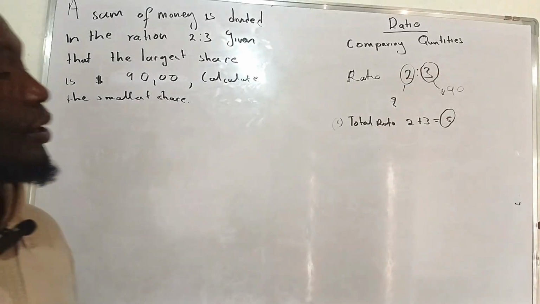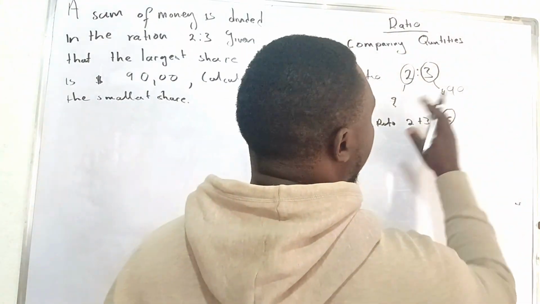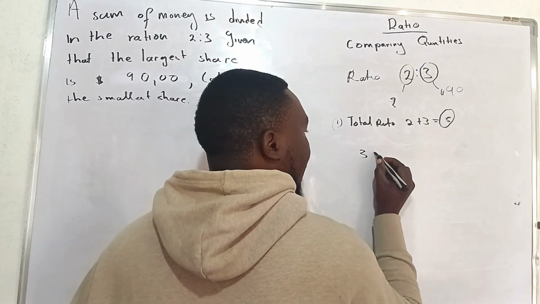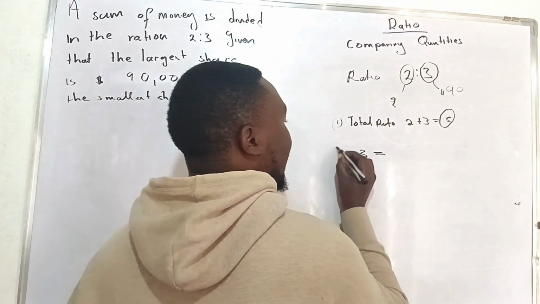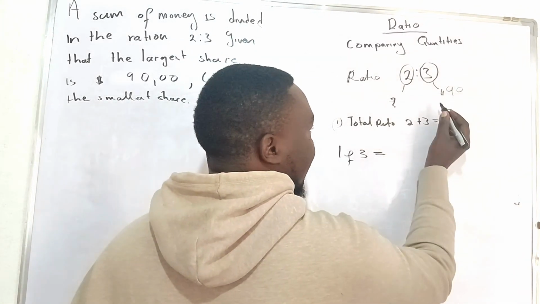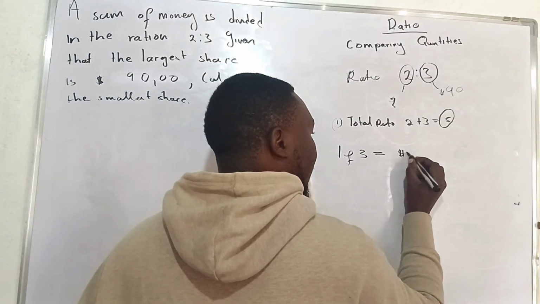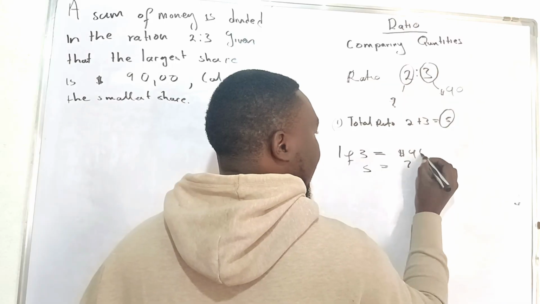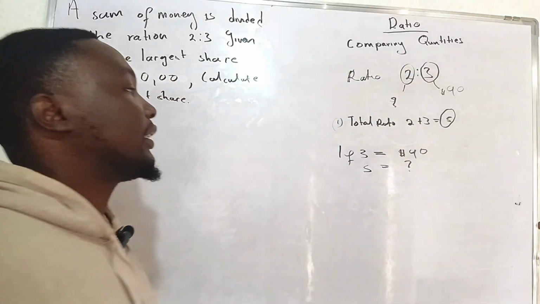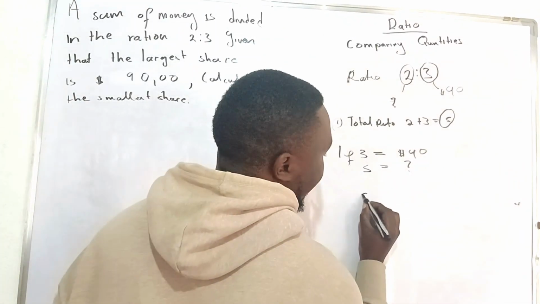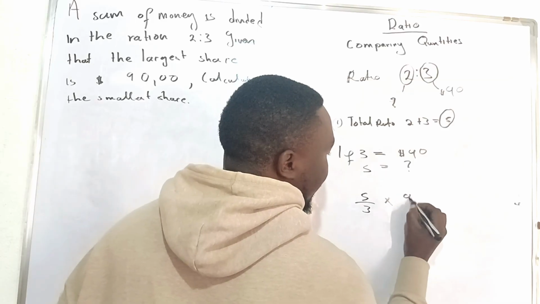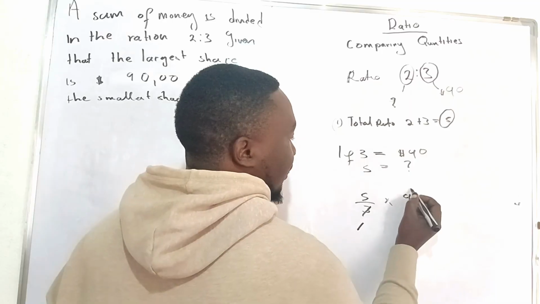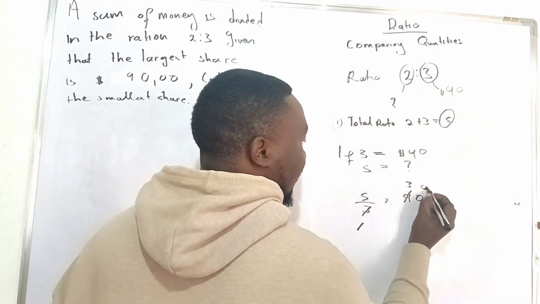So the next step after we find the total ratio, we are going to say 3 represents $90. How much does 5 represent? So we're going to say 5 over 3 multiplied by $90. So 3 into 3, 1. 3 into 9, 3, and a 0.